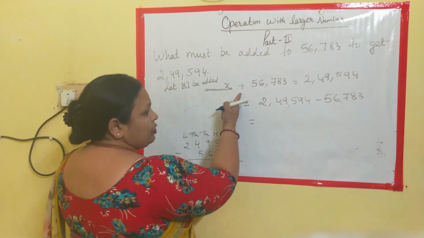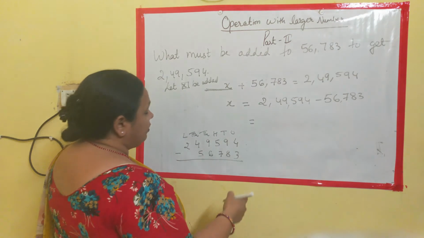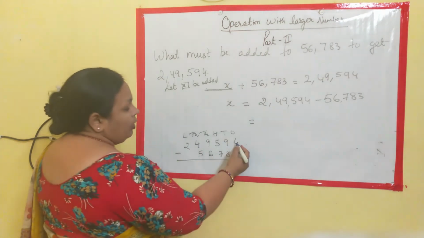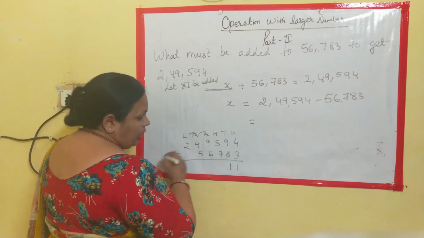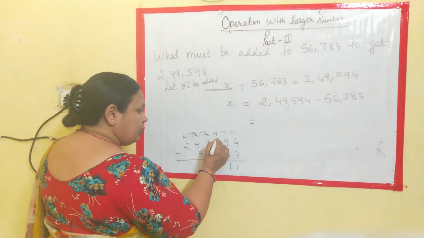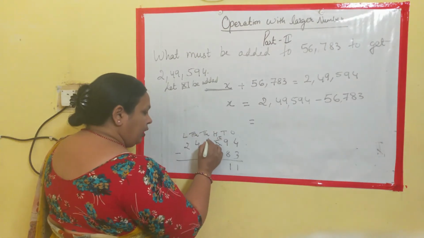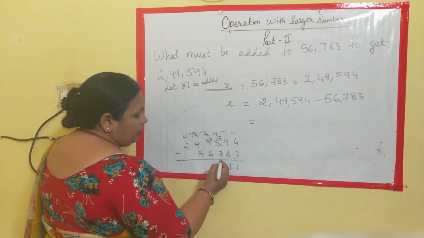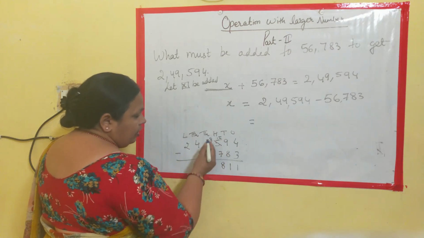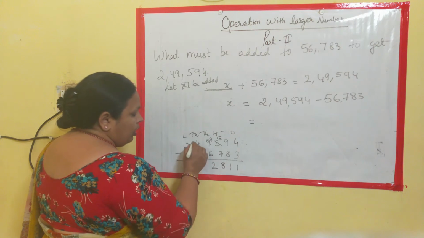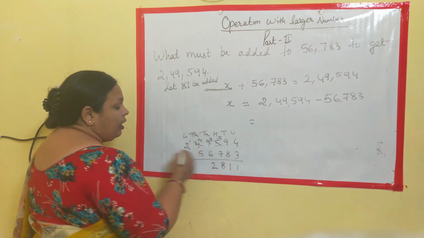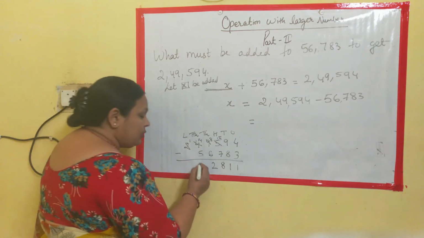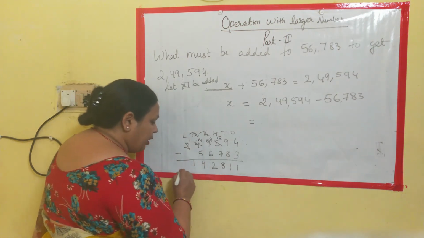As this was positive, it went to the other side with the negative sign. 4 minus 3, 1. 9 minus 8, 1. 5 minus 7, not possible. So this will become 15. And here it will become 8. So 15 minus 7 is 8. 8 minus 6 is 2. Again we need to take a borrow here. This becomes 1. And 14 minus 5 is 9 and 1 here.